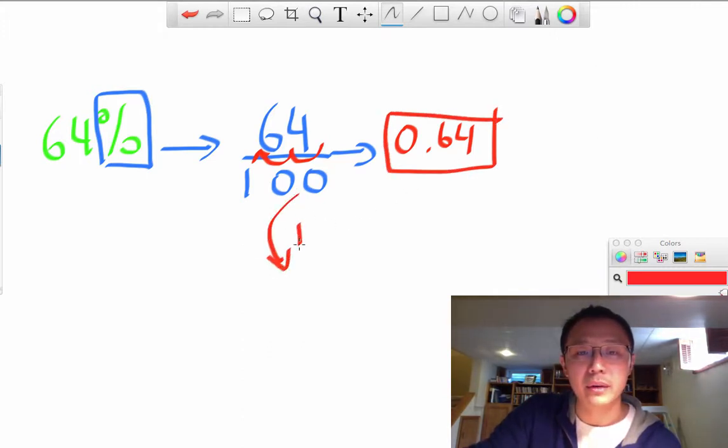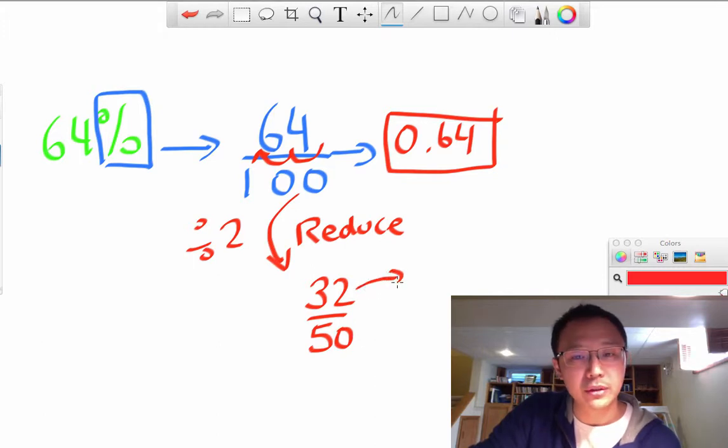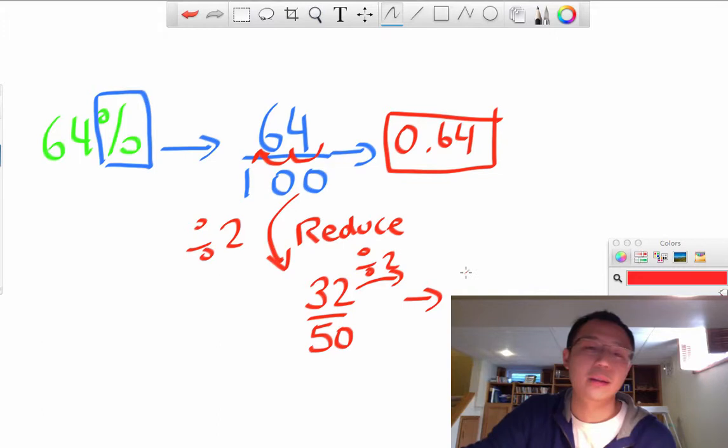But what about if you were to reduce this into a smaller fraction? Well, 64 and 100, let's try divide by 2. So divide by 2, top and bottom, that will give you 32 over 50. Can this be further reduced? Let's try divide by 2 again. This will give you 32 divided by 2, I think that is 16 and 25. Can this be further reduced? 16 can go into 2, yeah, but 25 can't.